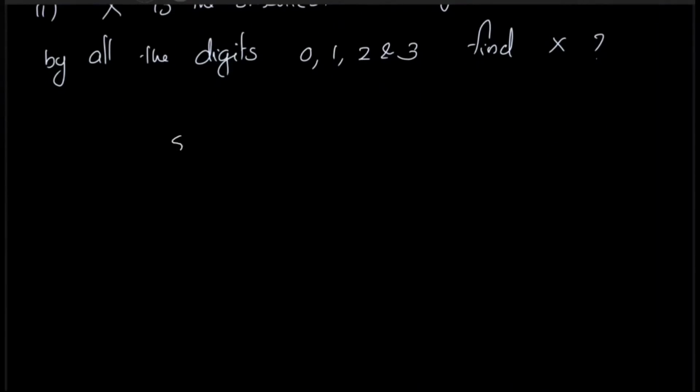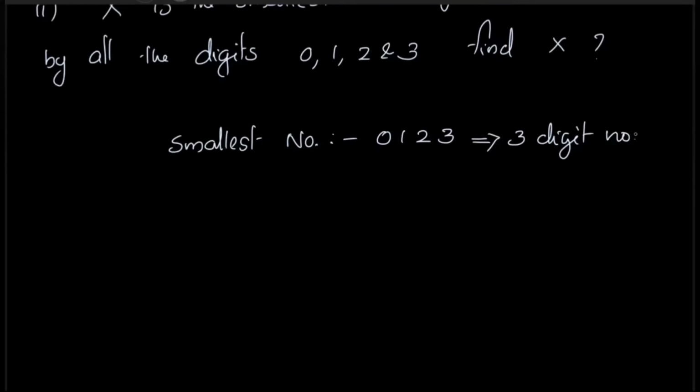So the smallest number is: write the smallest given integer first, then the very next integer, then another, and this will be the smallest number. But the 0 at the leftmost end has no value. So it will be a 3-digit number. Our question is to find the 4-digit smallest number.